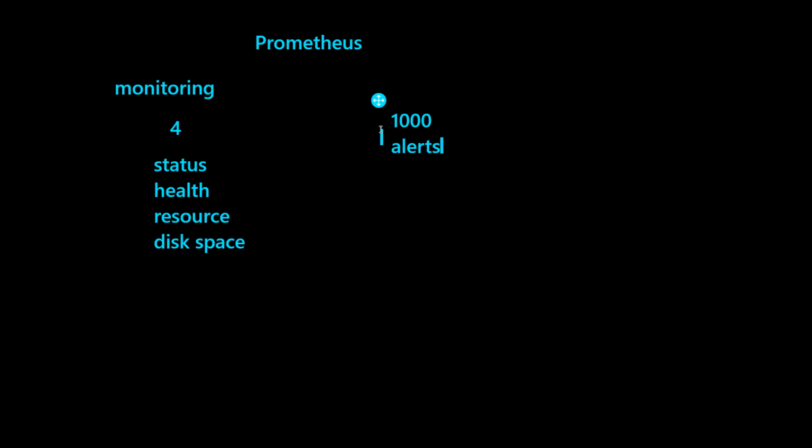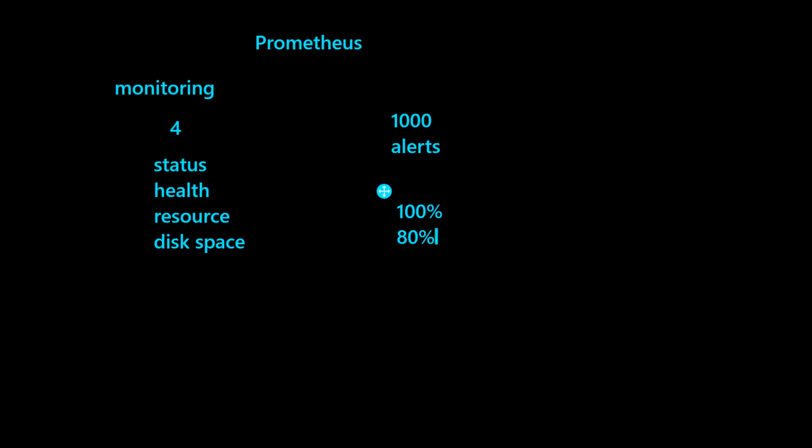Another important thing about monitoring is that it not only informs you when the actual problem comes in, let's say the disk space is 100%. You can also put alerts in such a way that it informs you when it is at 80%, so that you can take steps to see that the disk space does not fill up and the system does not crash.